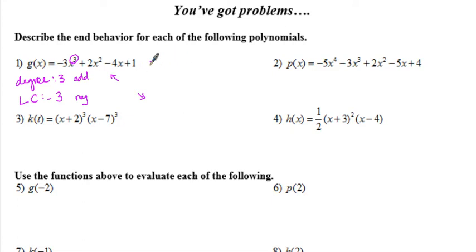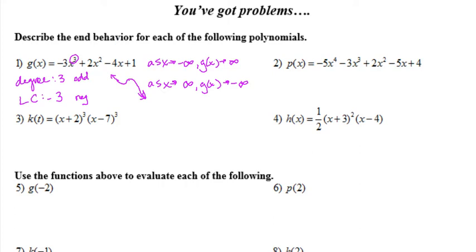So I write my end behavior as: as x goes to -infinity, g of x goes to +infinity. As x goes to +infinity, g of x goes to -infinity. It just has, instead of a straight line, a little turn. Two turns, actually. 1, 2.